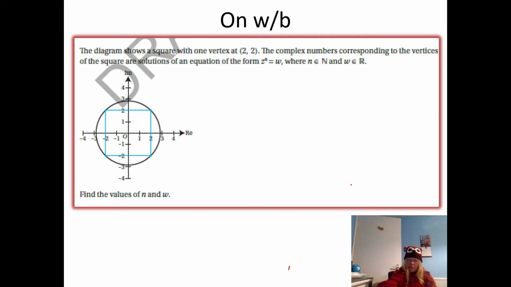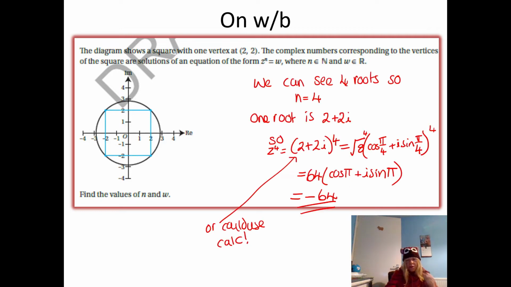Here comes the solution, so unpause. One of the roots was 2 plus 2i. It's 2, 2. So your w ends up as... you won't bother with all that. I think I'm going to cross it out because it's just confusing.